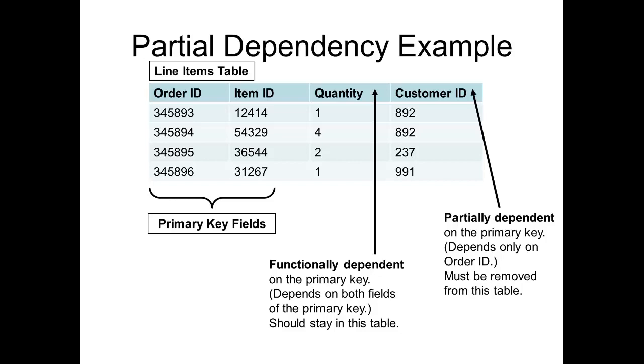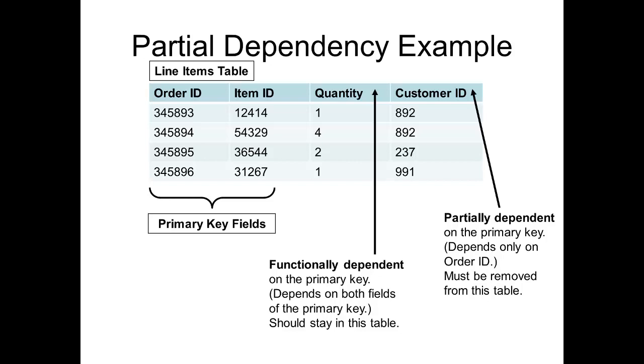The quantity column is functionally dependent on the whole primary key, because in order to be able to identify the value of the quantity column, you need to know both the order ID and the item ID values. Meanwhile, customer ID is partially dependent on the primary key because it only depends on the order ID values.